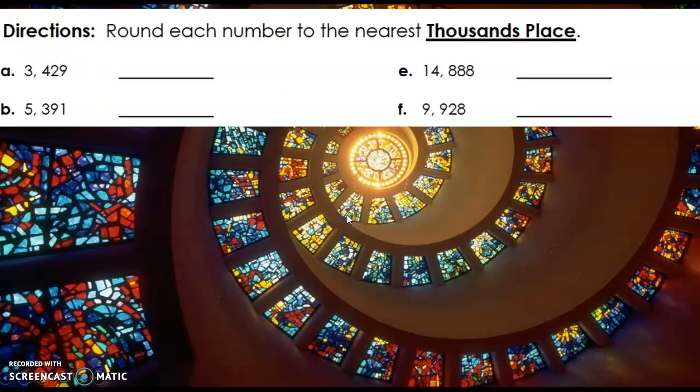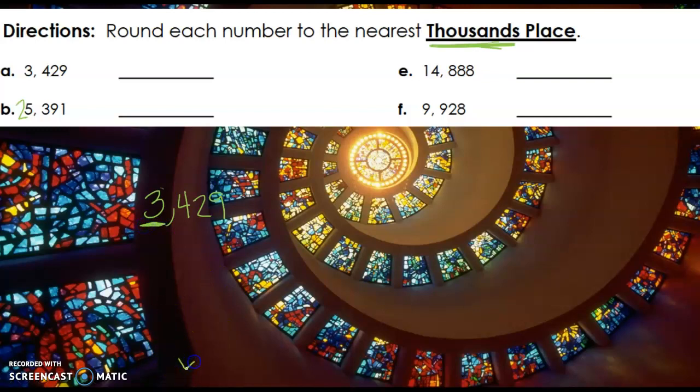All right, now let's look at our thousands. And I want to change this also. Let's change this bottom number into a 25,000 instead. Make it a little bit harder because you're going to see one like that on yours. So first, I have 3,429. I'm going to the thousands this time. So I'm going to find my 1,000. Here it is.